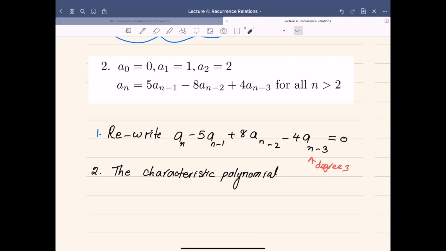So starting from left, this will be x raised to power 3, x raised to power 2, x raised to power 1, and x raised to power 0. So we are going to have x raised to power 3 minus 5x squared plus 8x minus 4 is equal to 0.